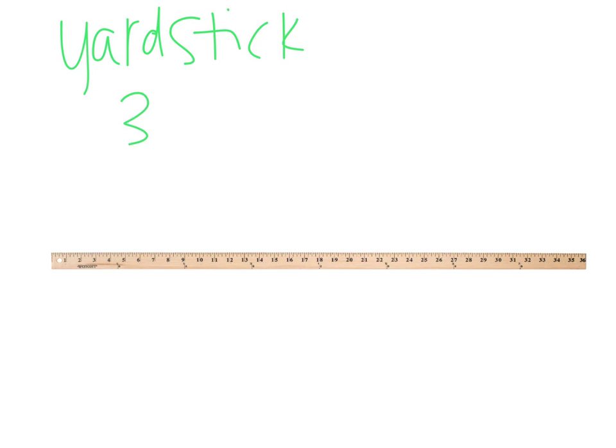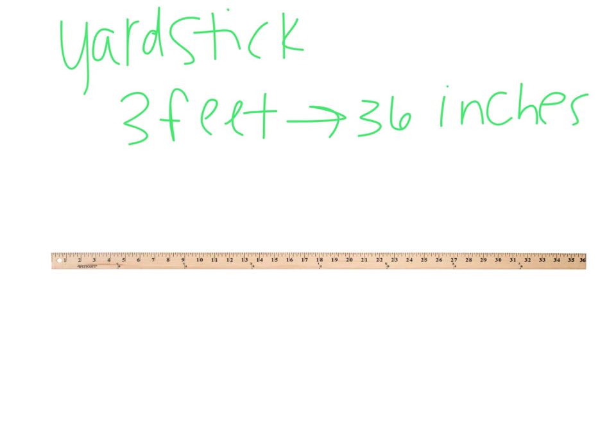Next, looking at our yardstick, we need to remember that our yardstick is 3 feet in length, or we can also look at it as 36 inches. So our yardstick is actually basically 3 rulers put end to end.